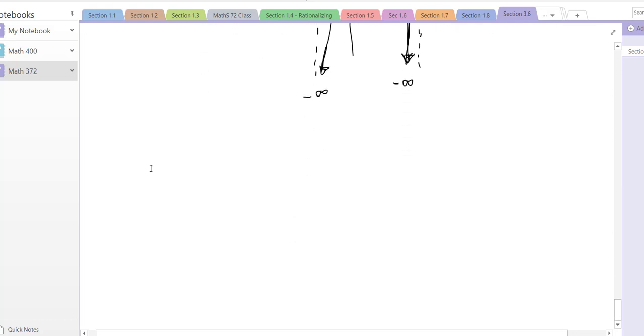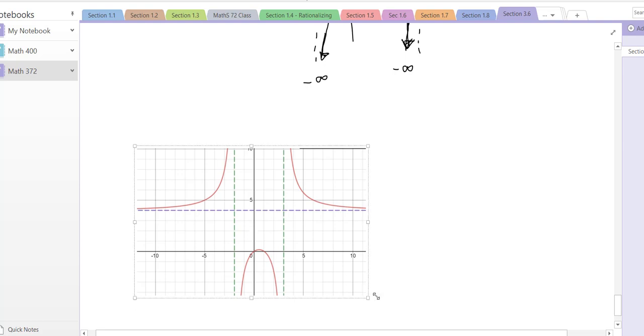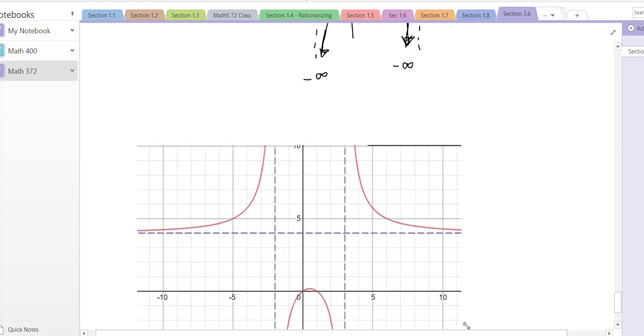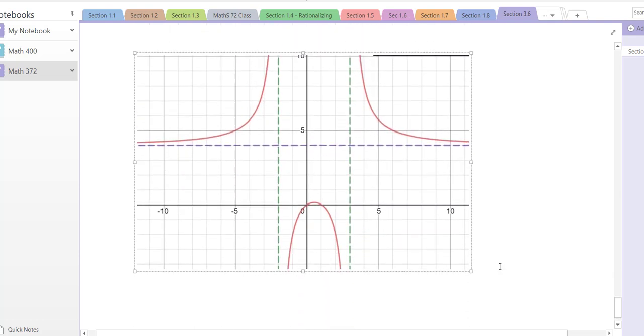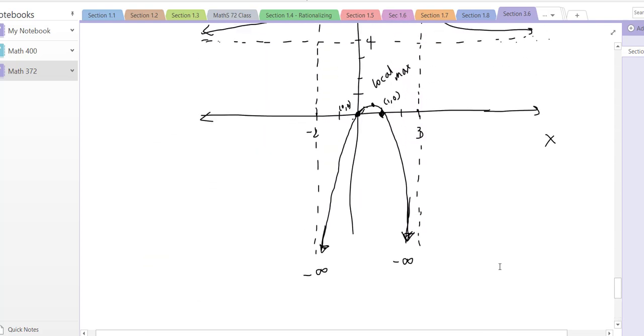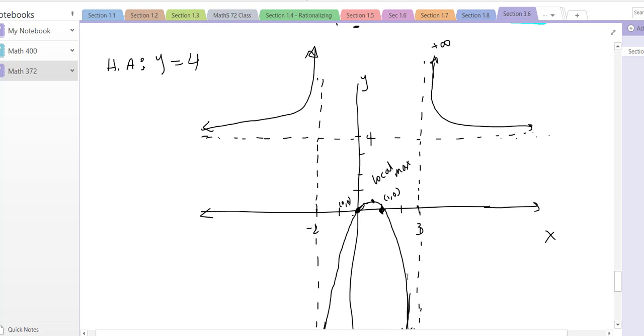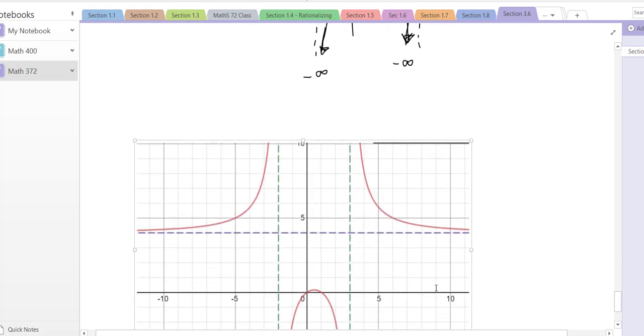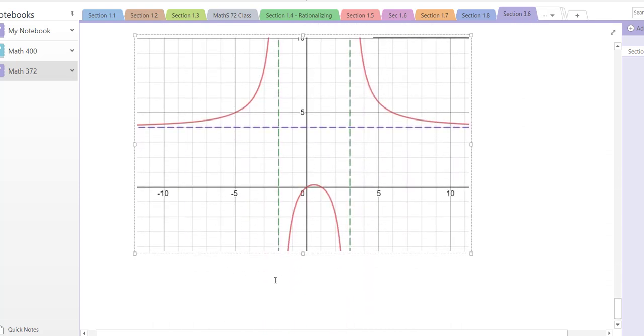And I graphed it on Desmos, and this is what I got, which is pretty much what we have in much better quality than my little chicken scratch. But this is the same graph.